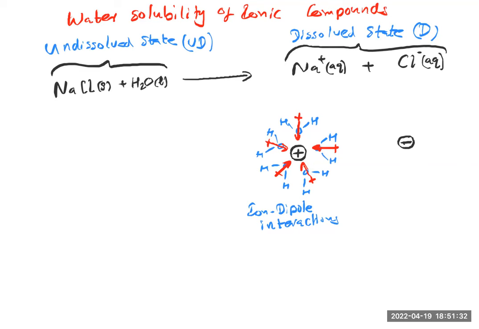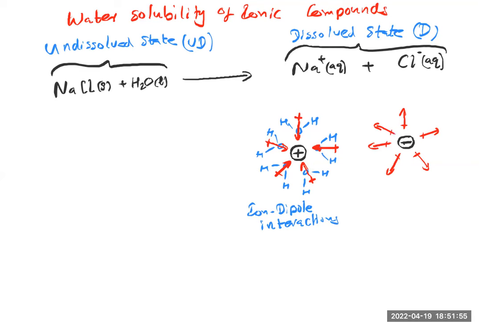This time I'm going to only draw the dipole moments, but in this instance, the arrow tail, which is partially positive, will interact with the negatively charged ion, because opposite charges attract each other. That's the reason why the arrow tail is interacting, not the head, in this case.